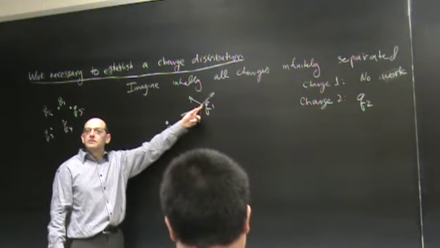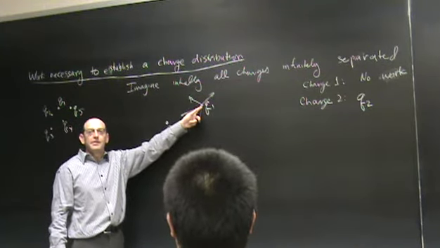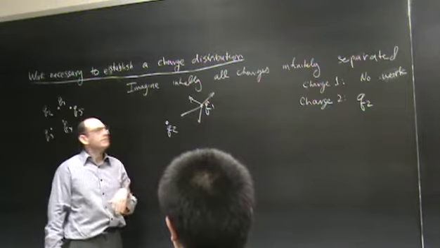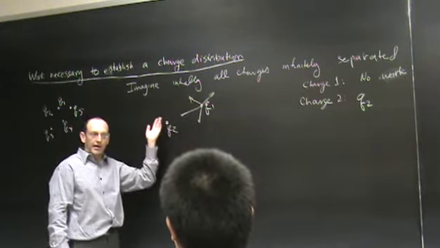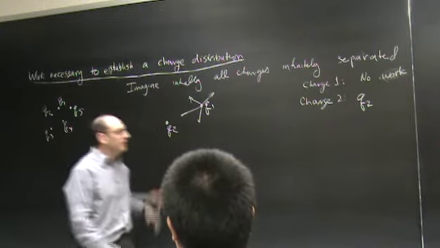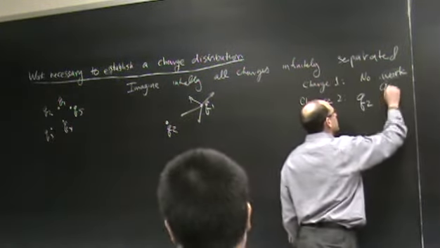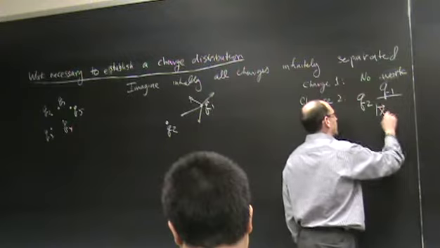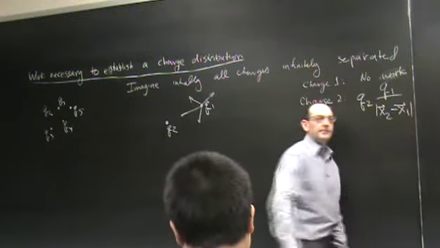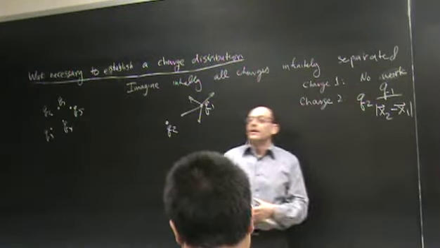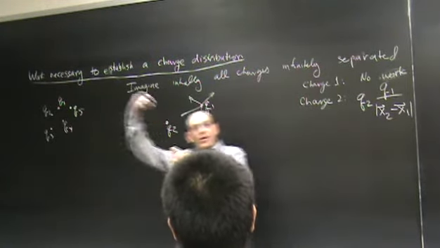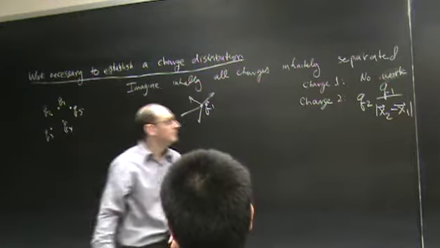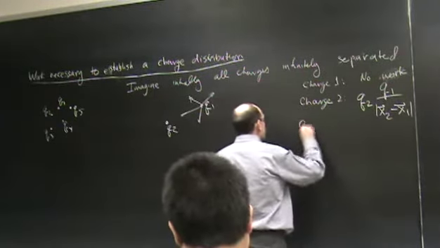And what is that potential? Q1 over the distance between the source and the observation. In this case, this is equal to Q1 over |x2 minus x1|, right? That's the potential seen at position x2 with the charge at x1. Okay, here comes charge 3.